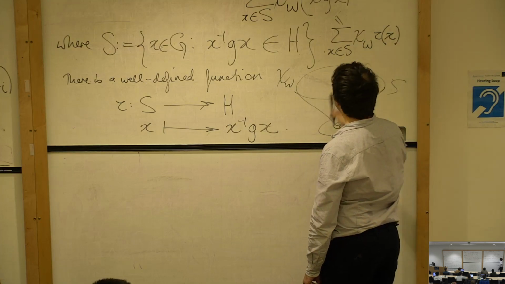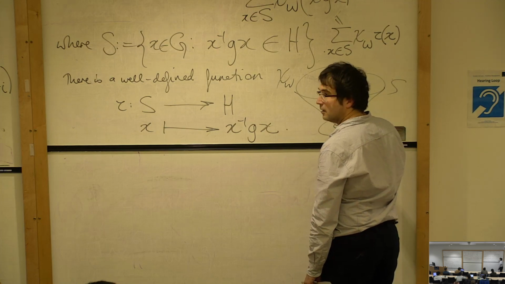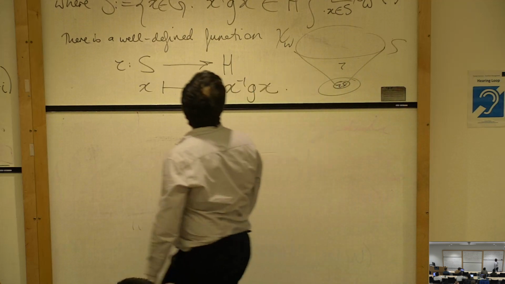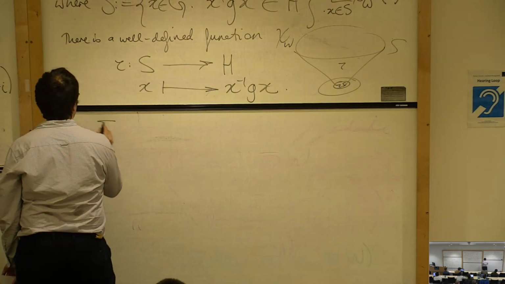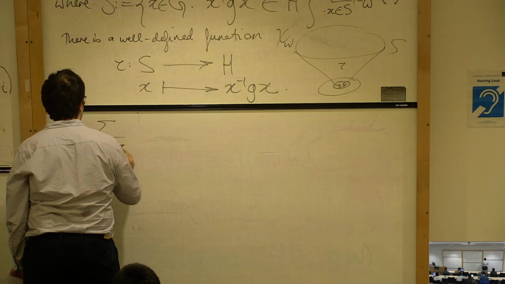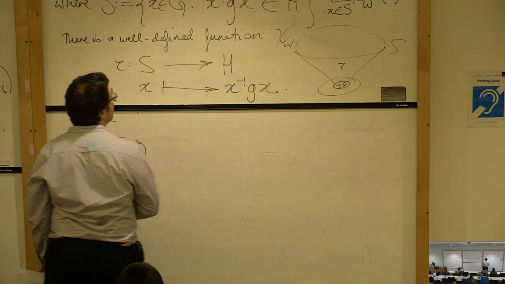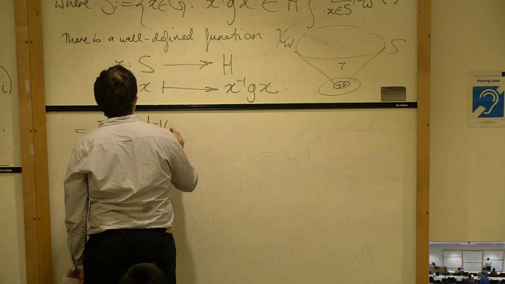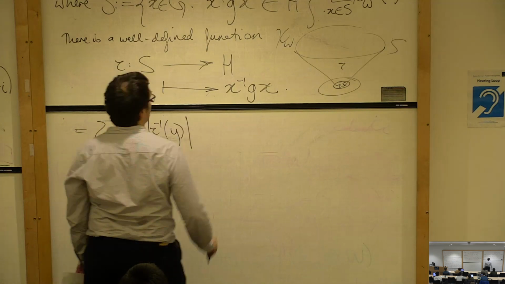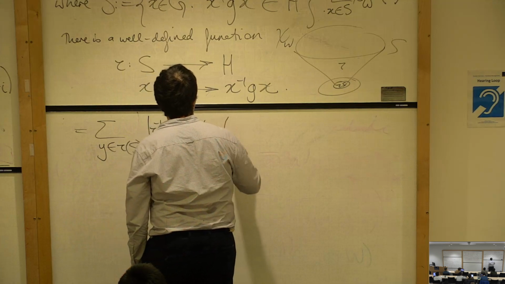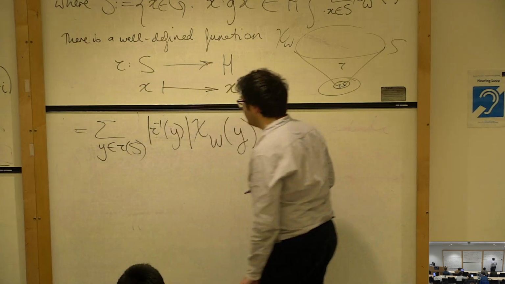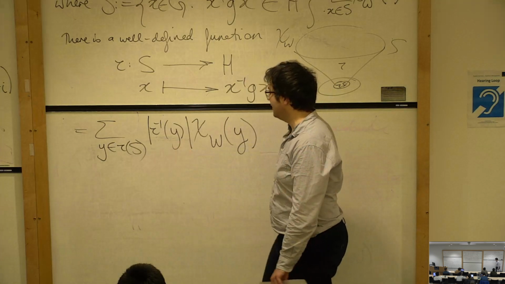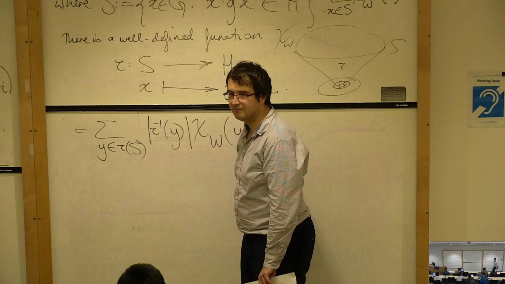And that being the case, I can split up the sum into fibers of this function τ. Sum over y in the image of S, the fiber size, χ_W(y). Begs the question, what is this fiber and what's the image of S?